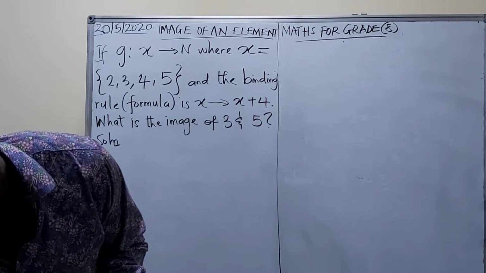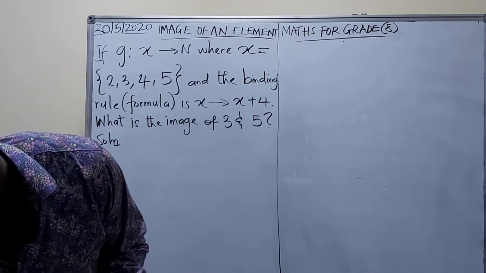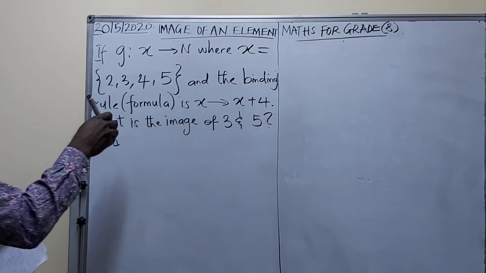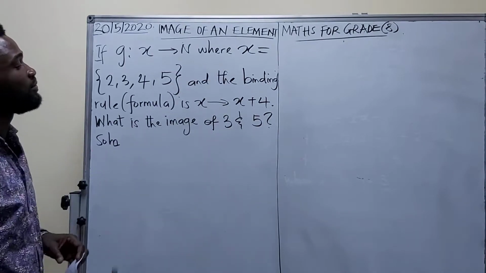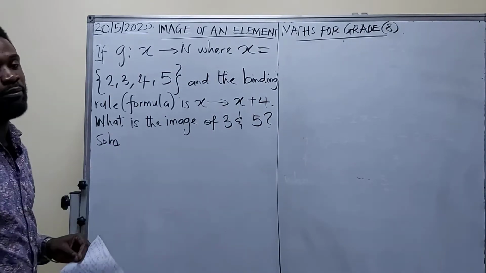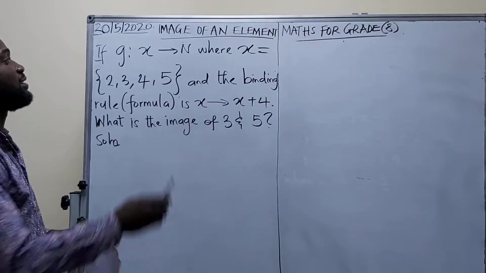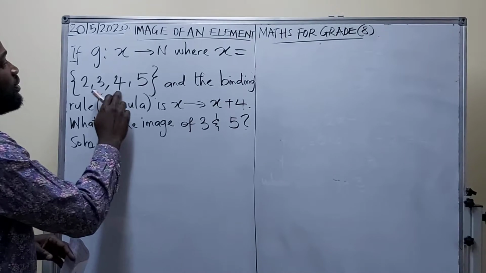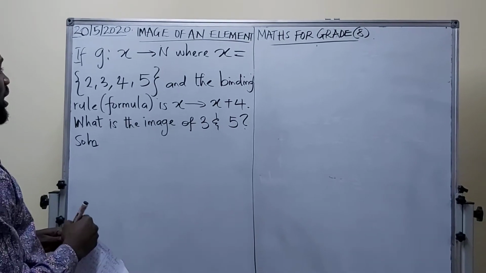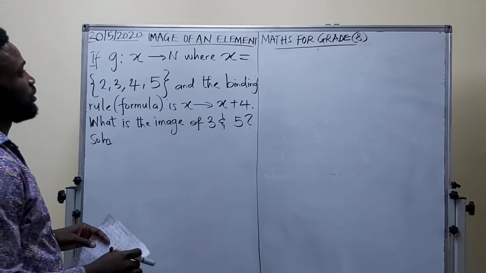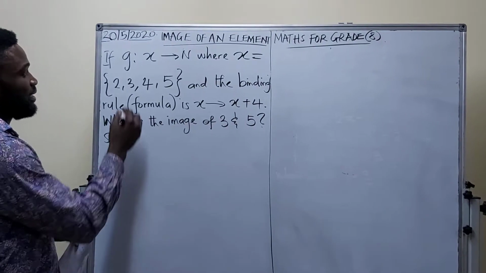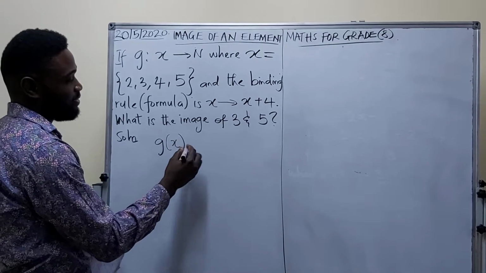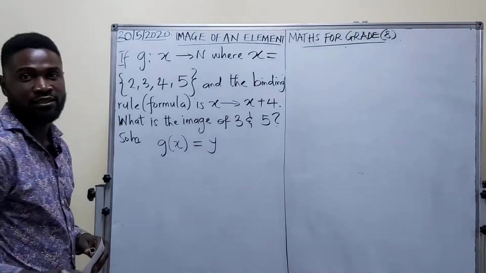So, without wasting much of the time, we will definitely see how we can deal with this kind of question. Don't forget the topic is still image of an element. If G, that means the name of the application is G, such that X binds with N, where X equals 2, 3, 4, and 5. So it means they have given us the value of X. Ordinarily, we can now say G of X in this case equals what? 1.